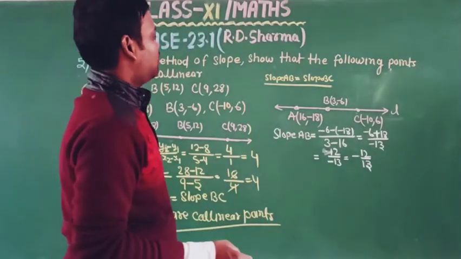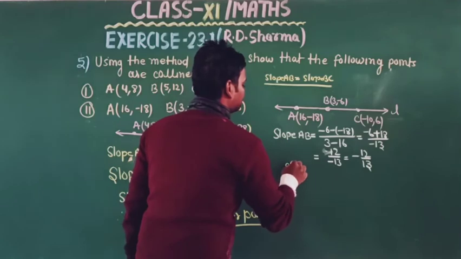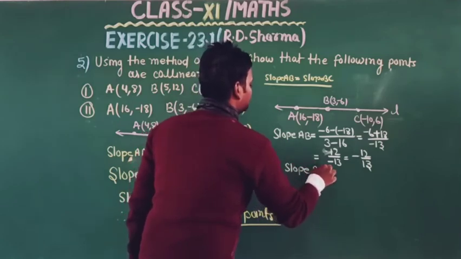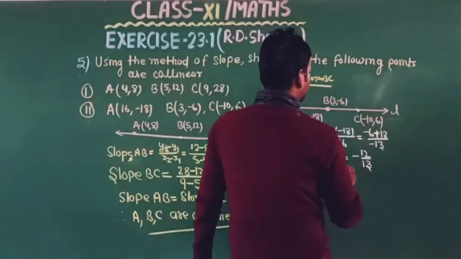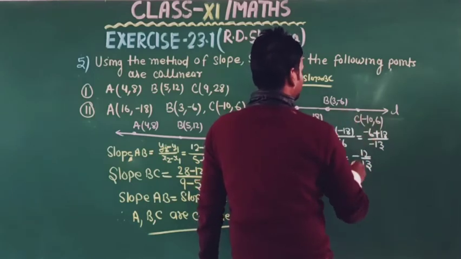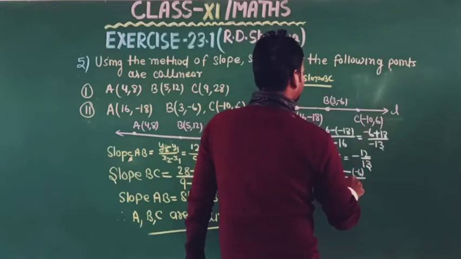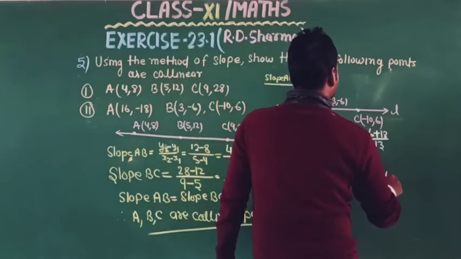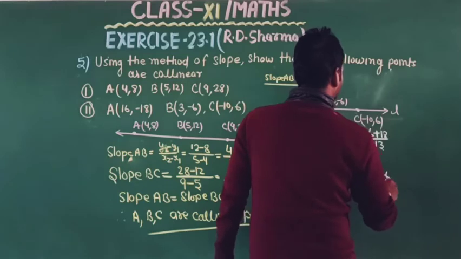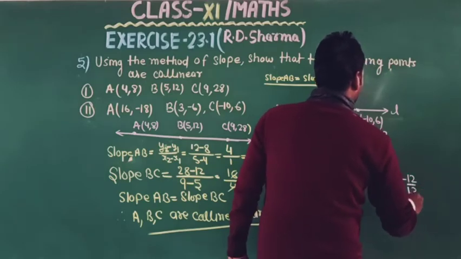And similarly find the slope between the points B and C. Slope of BC equal to y2 minus y1 upon x2 minus x1. So y2 is 6, y1 is minus 6, so 6 plus 6 upon minus 10 minus 3, which is minus 13. After simplification we get minus 12 by 13.